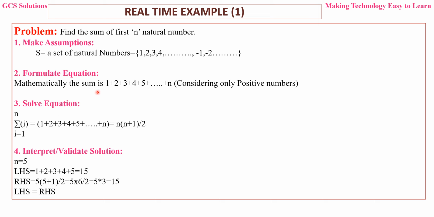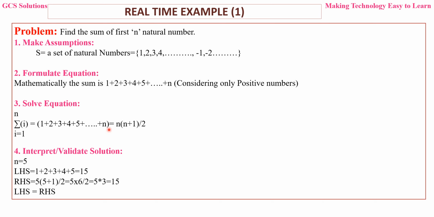Now you know that this summation of the numbers from 1 to n can be represented as a mathematical equation. So what is that equation? That is the summation of i equal to 1 to n of i, and that can even be expanded as 1 plus 2 plus 3 plus 4 plus up to n. Suppose my n value is 10, then obviously the summation will be the addition of the first 10 positive natural numbers.